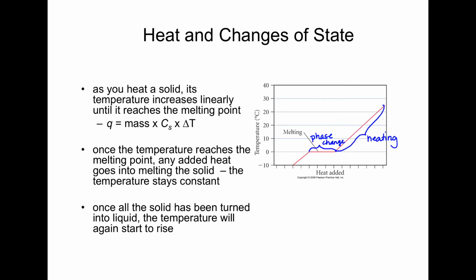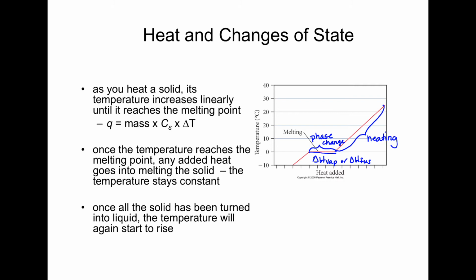Now, if we wanted to calculate numbers for these different portions, it depends on what portion we're talking about. If it's a phase change, like this flat portion here, this would either be the delta H of vaporization or the delta H of fusion, depending on what the phase change is.